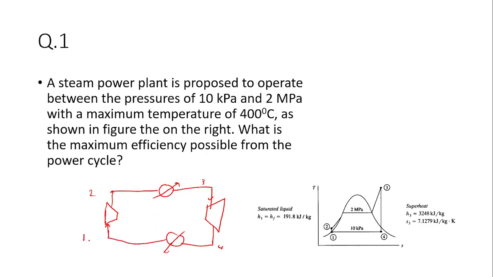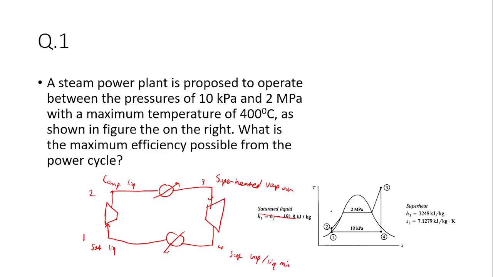So remember, at point 1 we are usually saturated liquid, so that's what we can even see here. At point 2 we are compressed liquid. At point 3 we are superheated vapor, and then at point 4 we are usually a saturated vapor-liquid mixture, right?